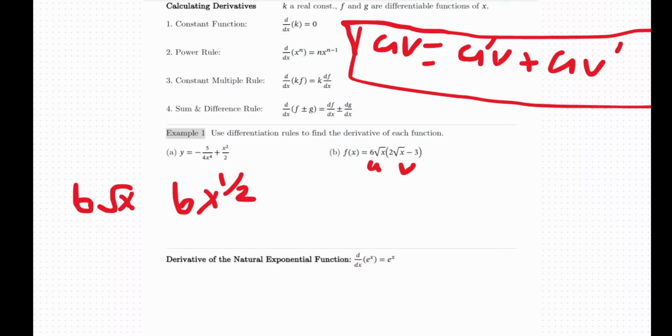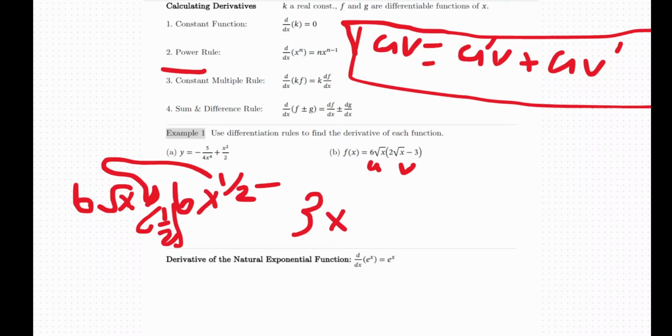So the square root is indicative of the power 1/2. And then from here, once you have this, it's the same deal with the power rule. So you're going to want to apply that again, where you're multiplying that 1/2 right in front. It's going to be hard to draw here, but you're multiplying the 1/2 in front. 1/2 times 6 is going to be 3, 3x, and then 1/2 minus 1 is going to be negative 1/2.